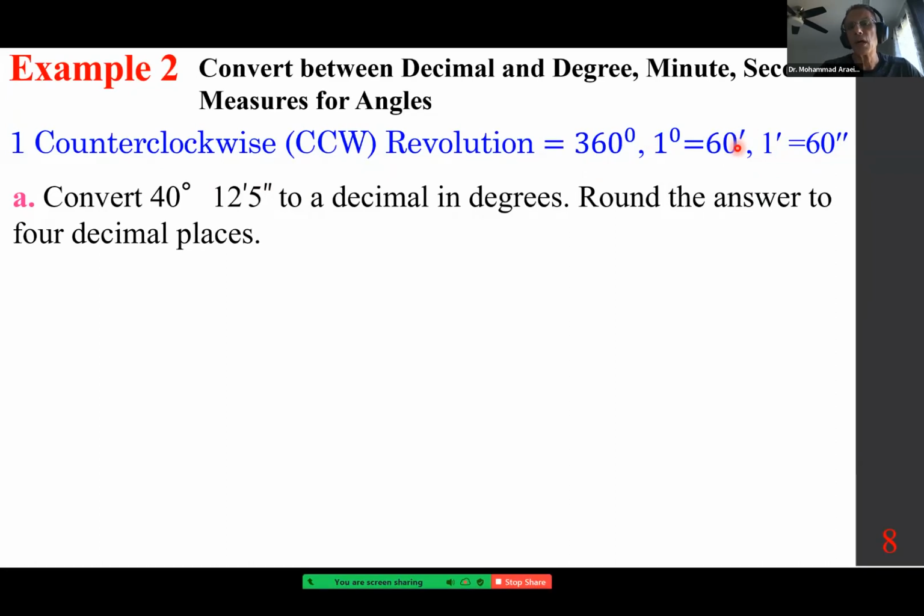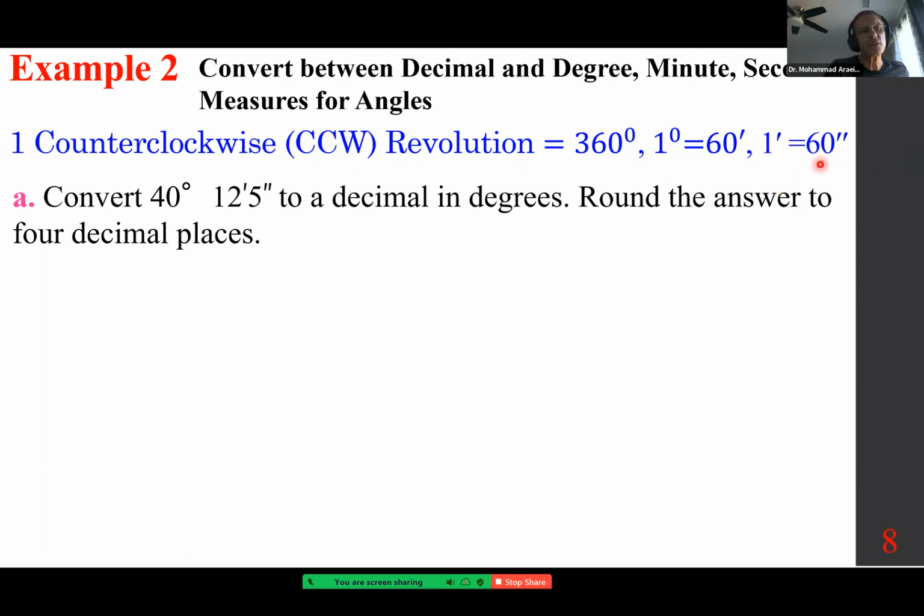You have 1 prime, that means minutes. You have double prime, that means seconds. So that's the first thing. Again, a complete revolution is 360 degrees, 1 degree is 60 minutes, 1 minute is 60 seconds.